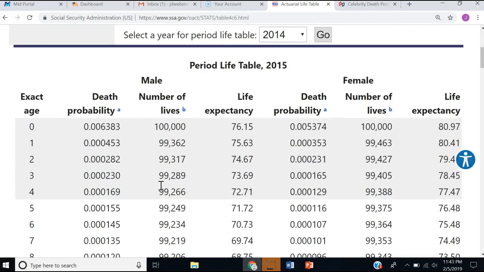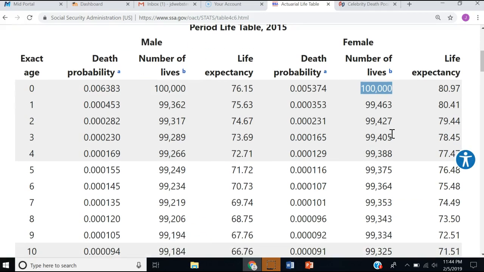And this middle column here for both the females and males is if we start out at 100,000 people born, let's say today, and then 1 year from now, this is about how many you would expect to remain. All right. And then a year from that, 2 years down the road, this is how many females you'd expect to remain.